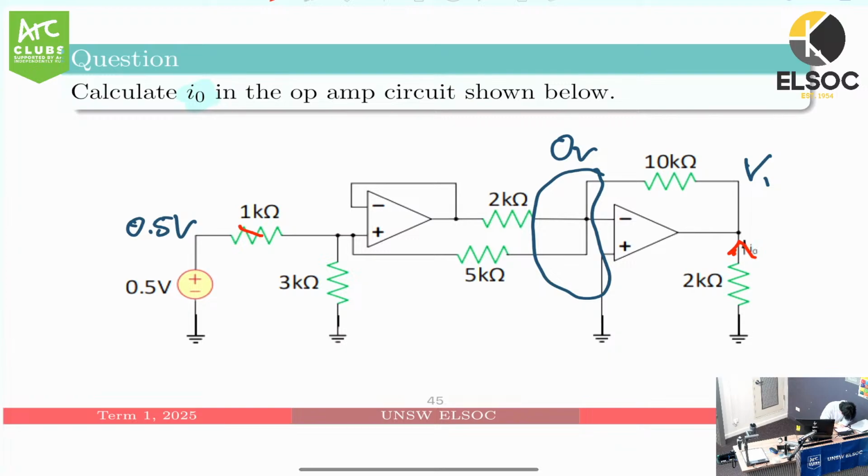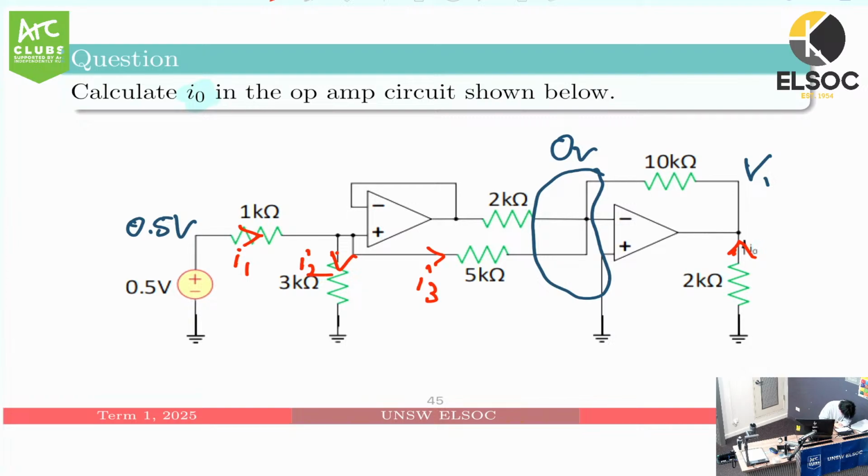So, if this here is I1, and this here is I2, this here is I3.